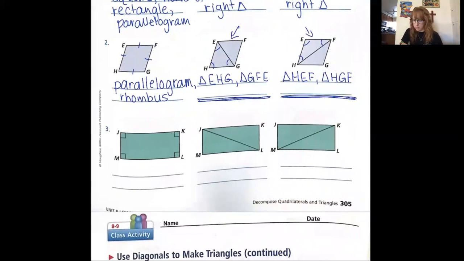And then number 3, don't forget your triangle names on that second line. Number 3, it's a rectangle because there are 4 right angles. And it's also a parallelogram because, again, there are 2 pairs of opposite sides that are parallel.